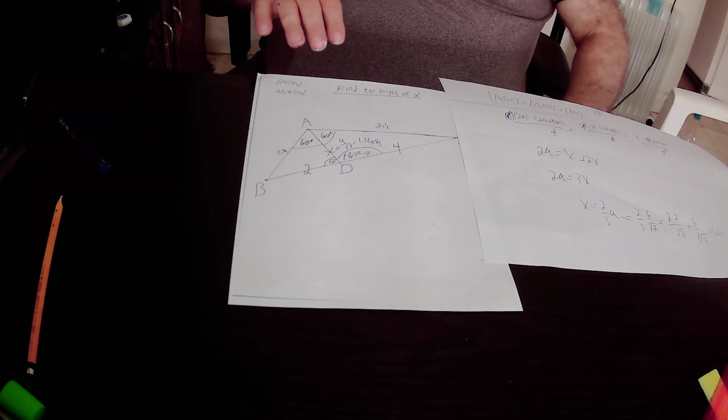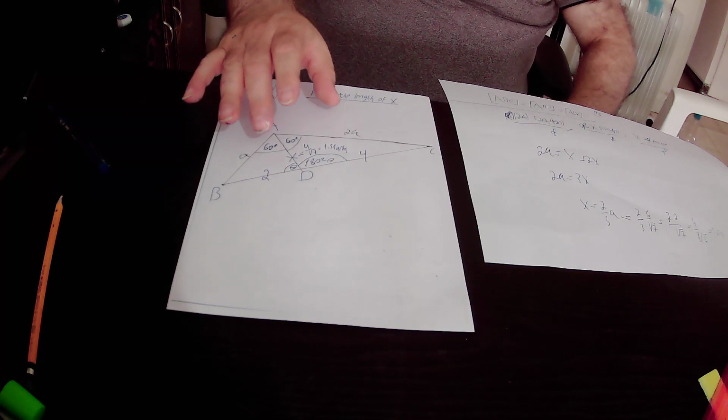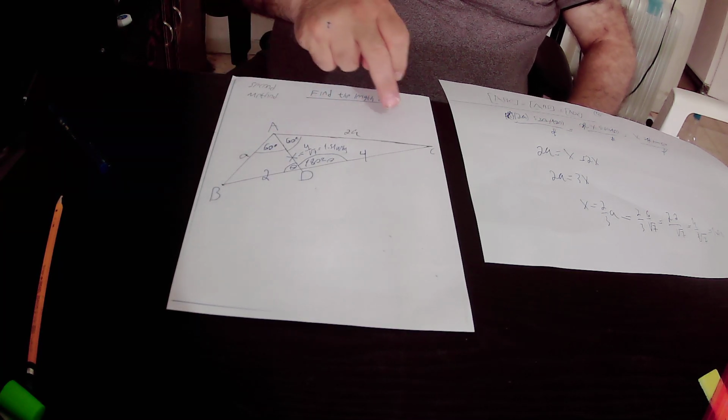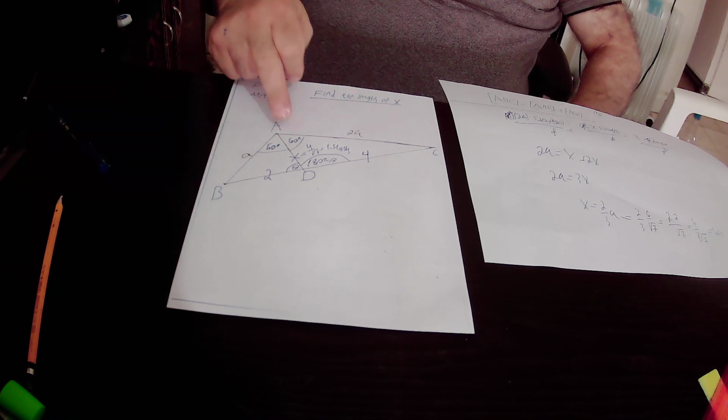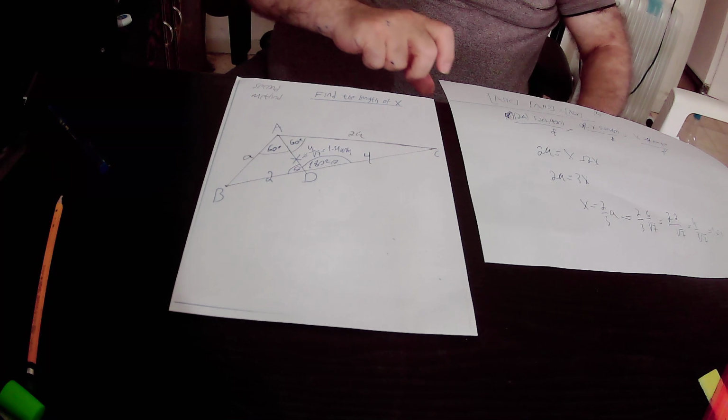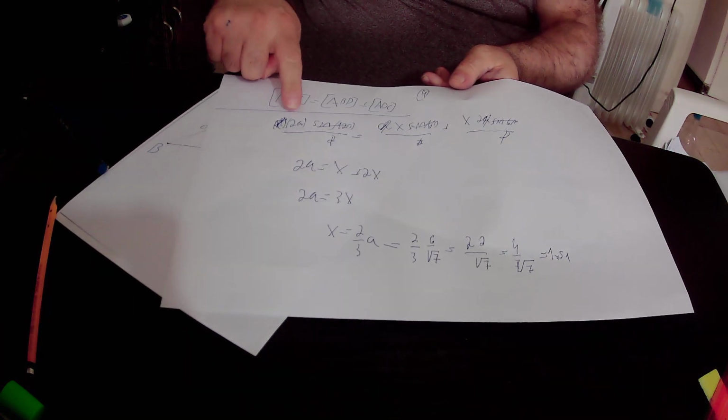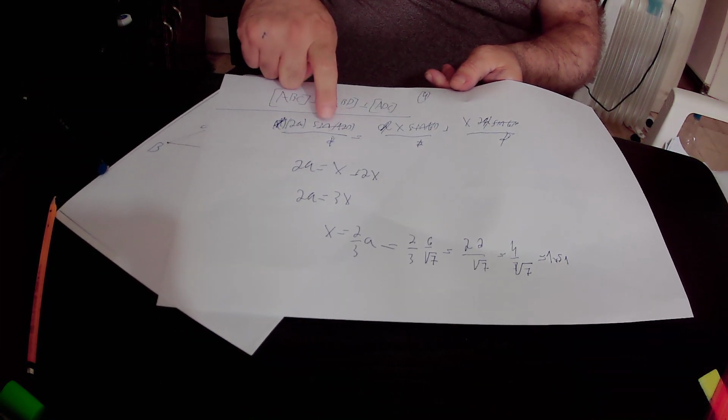I repeat how we've calculated the area of triangle ABC according to the new formula. It is equal to A times 2A times sine 120 degrees over 2.